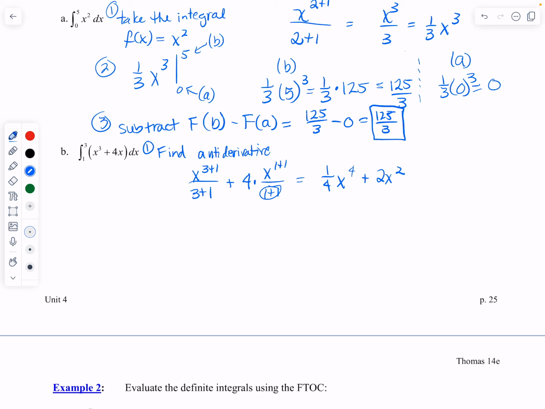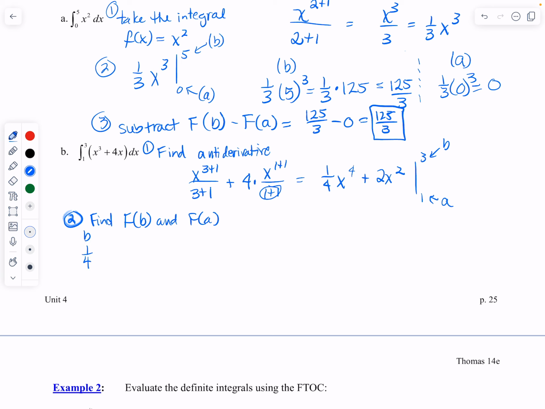Okay, so my next step is we're going to find the antiderivative at b and the antiderivative at a. Okay, so let's go ahead and do that. B, by the way, was 3 and a is 1. So I'm going to do 1/4.